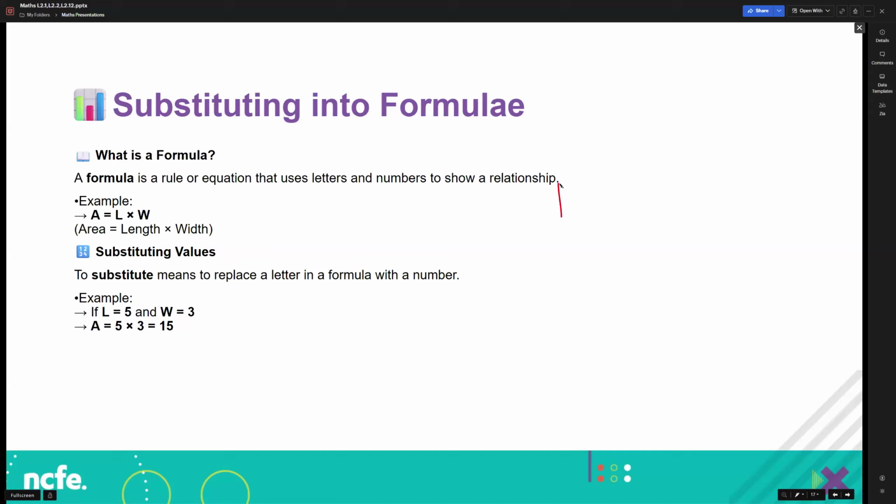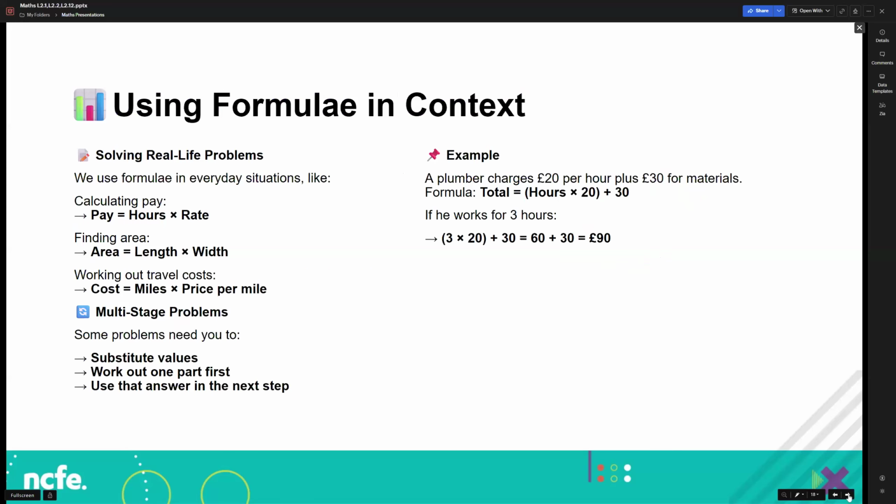If you call this width, so this is W, this is L, and then I say, okay, L is now 5, W is now 3, substitute it into this formula. Well, sorry, they've done it here, I guess, but so L's 5, W's 3. I mean, it's common sense, you just put it in for the letters.